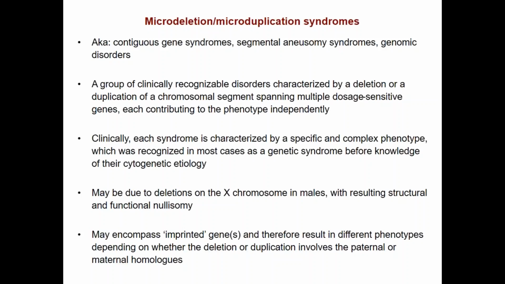So if you hear the terms microdeletions or microduplications, these are clinically significant CNVs. This is just a different naming. They are smaller than the resolution of karyotyping, smaller than 5 megabases, and technically speaking, they are CNVs.